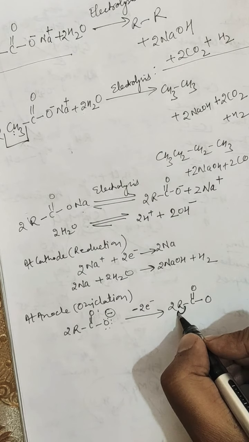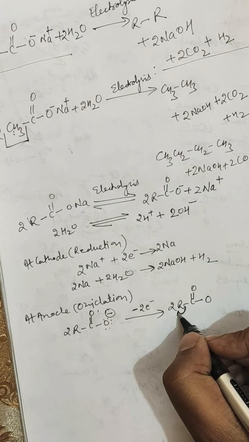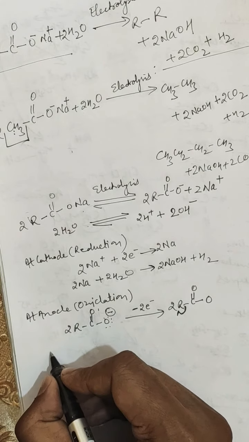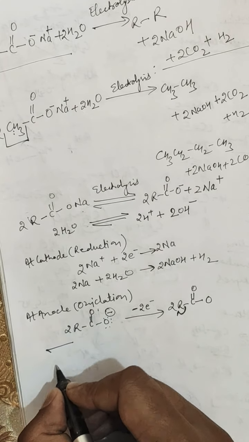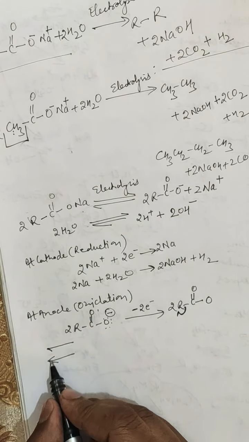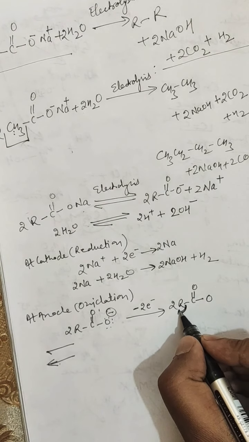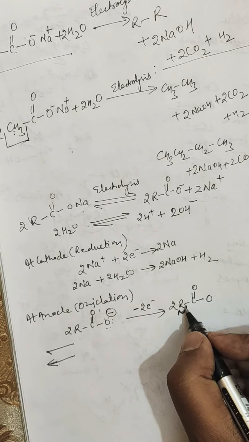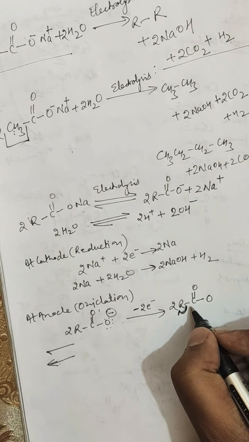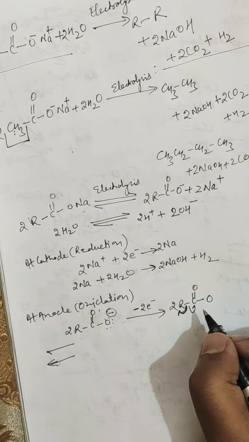Here note that the head of the arrow is a half-headed arrow, this kind of arrow. This is a fully headed arrow, and this is the half-headed arrow. It means one electron is going to this alkyl group and the other half-headed arrow means one electron is going to this carbon.